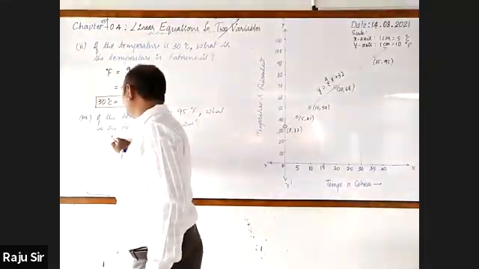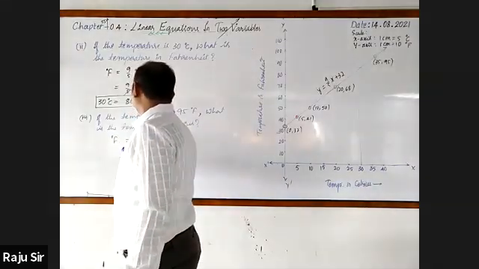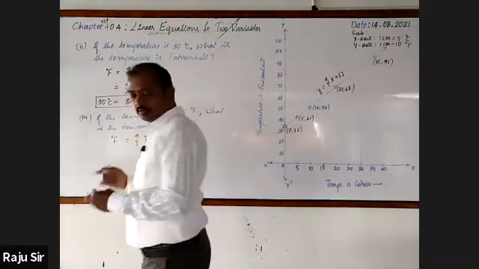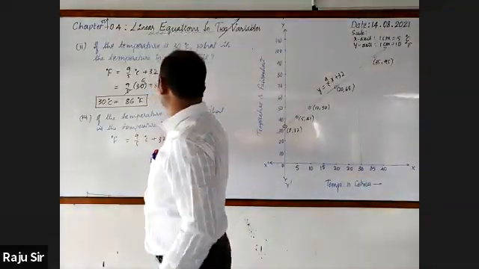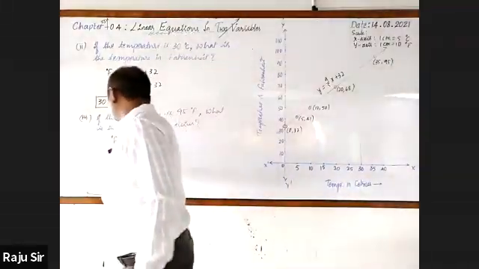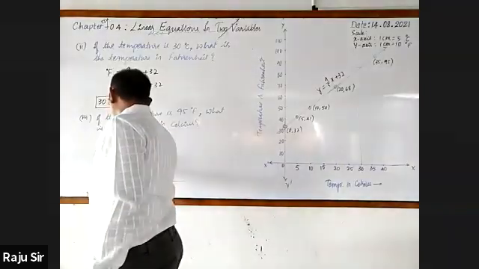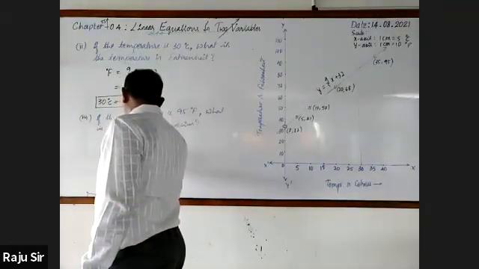Use the same formula: degree Fahrenheit equal to 9/5 degrees Celsius plus 32. Temperature is given in Fahrenheit: 95 is equal to 9/5 degrees Celsius plus 32.